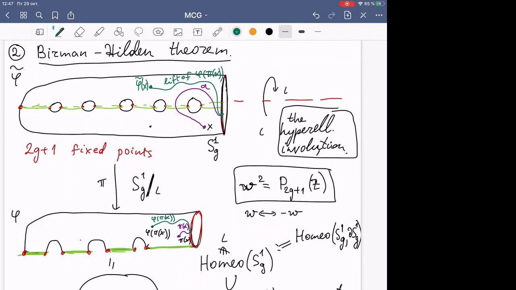I need to check that suppose I could choose another curve alpha, for instance, this one, alpha prime, and I get another curve downstairs, and what I need to understand is that I still come to the same phi tilde of x.